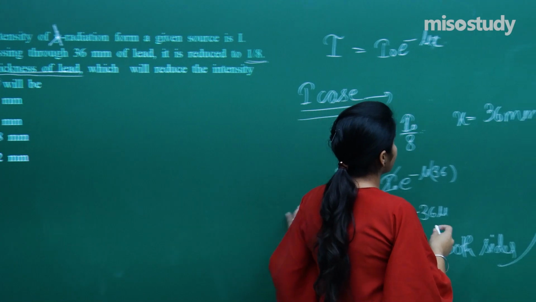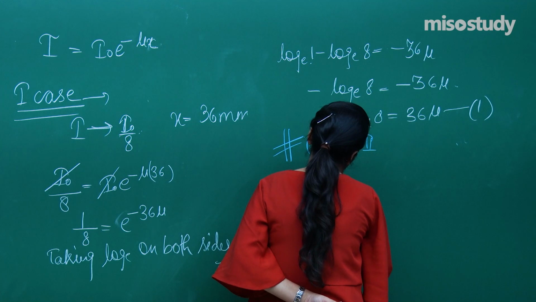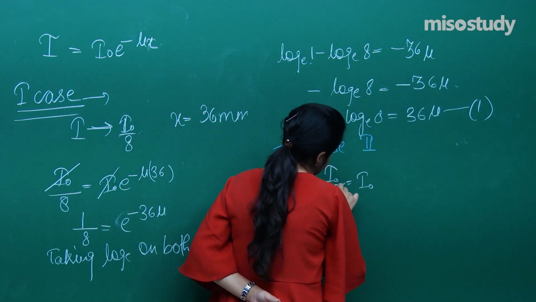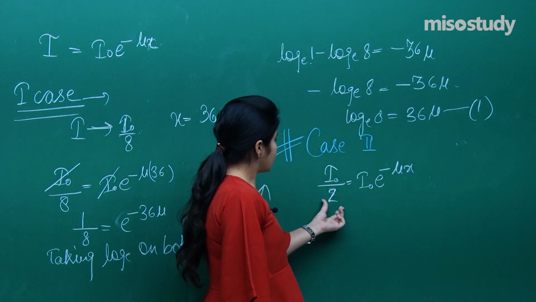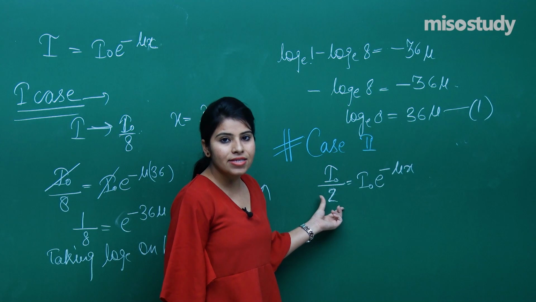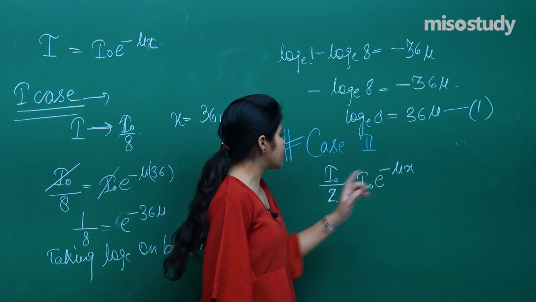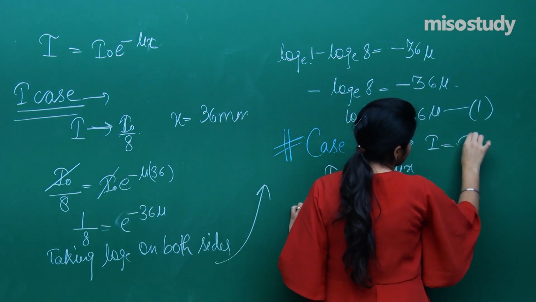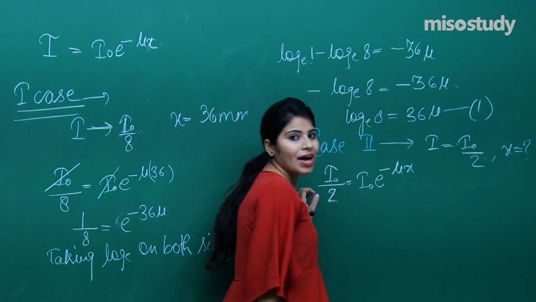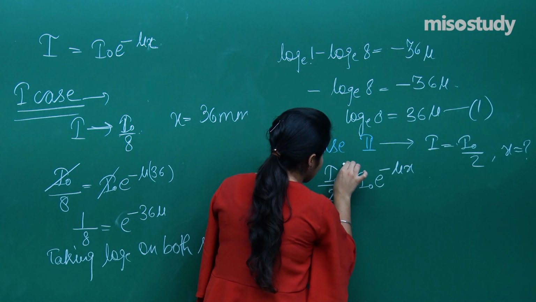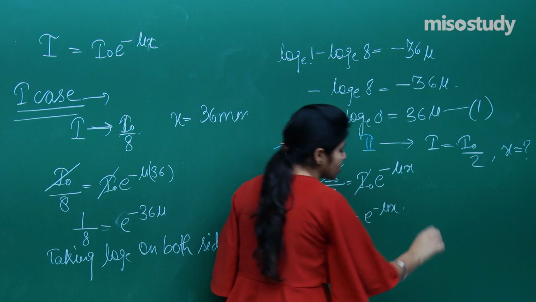So the intensity has been reduced to I naught by 2 and here you have to find out the x. Let me write over here I has been reduced to I naught by 2 and x we have to find. Again you can just cancel them out. Now you are left with 1 by 2 equals e raised to the power minus mu x, right?